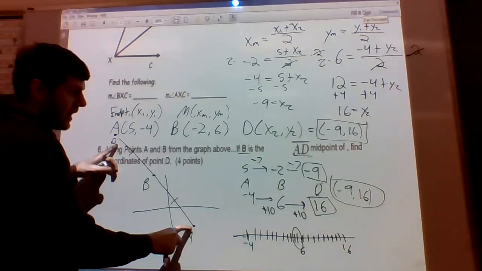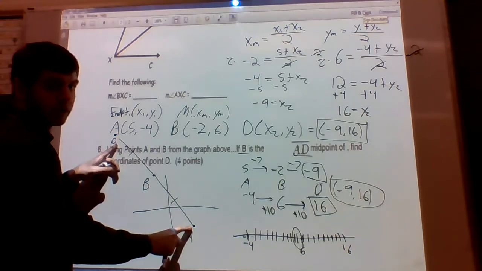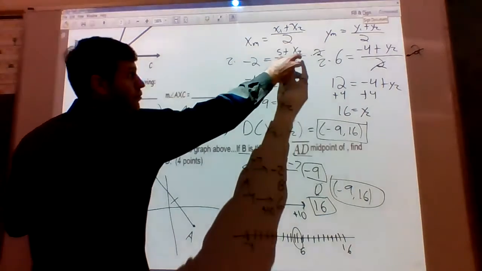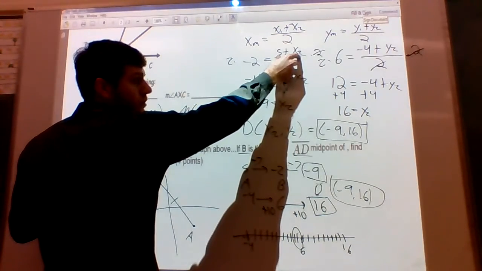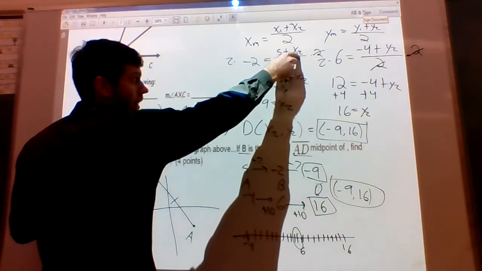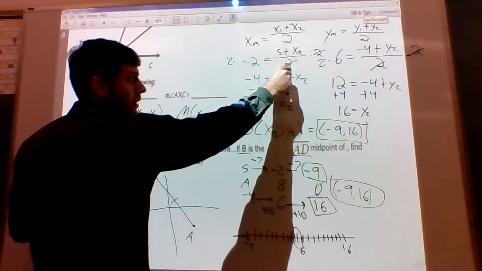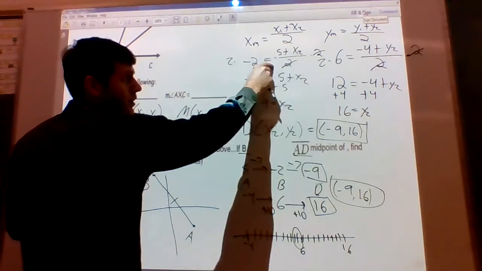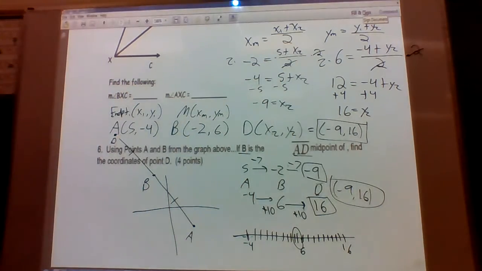So the x value of A is positive 5. We don't know the x value of D, so we just call it x2. So 5 plus x2, those are our 2 x values of the endpoints. Add them together, find the average by dividing by 2 because there's 2 of them. Then we have our equation solved for x2, so our other endpoint is going to be negative 9.